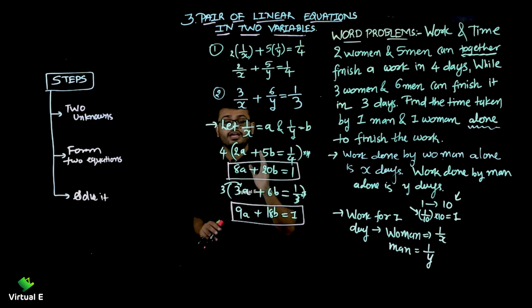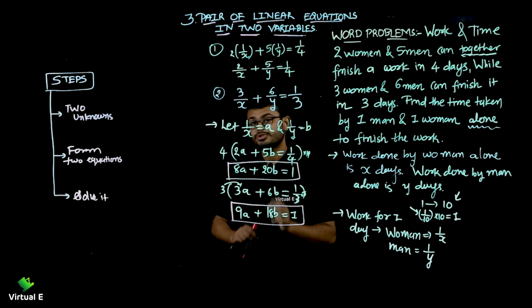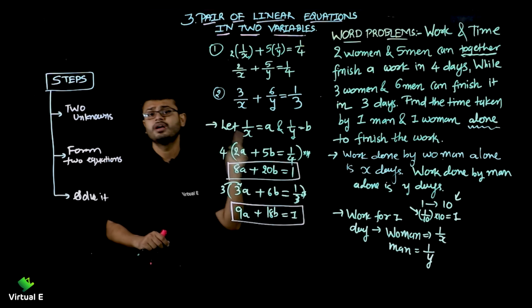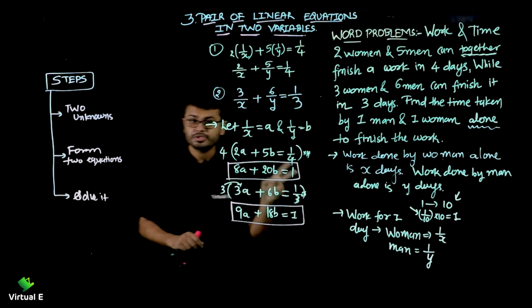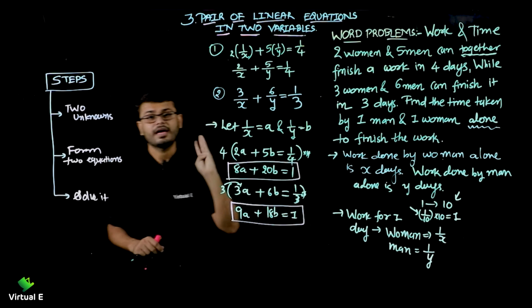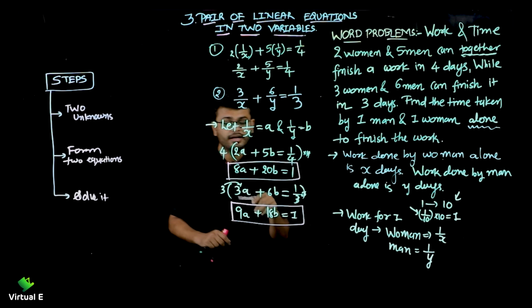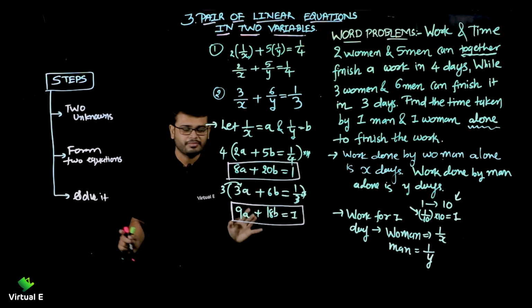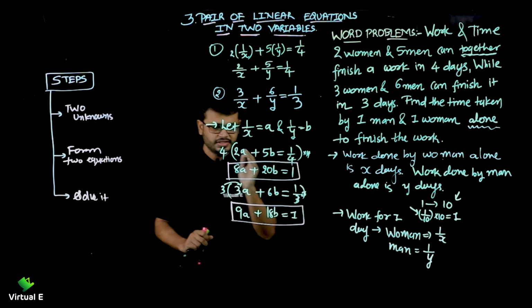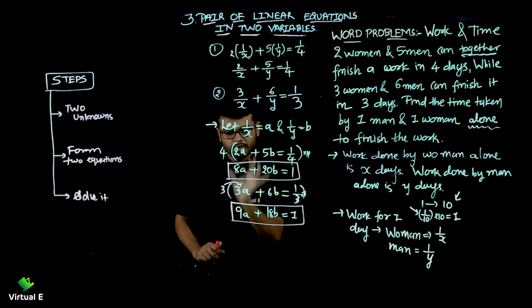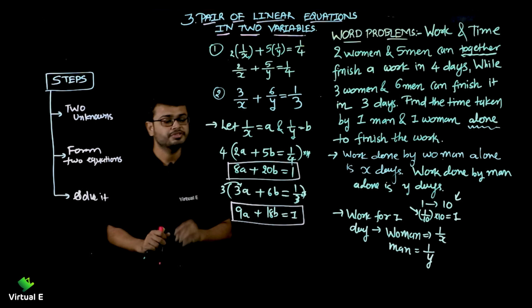Now we need to find the solution of these two equations. Now we have 4 methods: graphical method, substitution method, elimination method and cross multiplication method. So you can choose any of it. I want to choose the elimination method again. See, 8a and 9b, I am going to make the same coefficients.